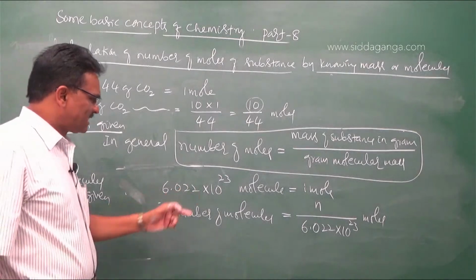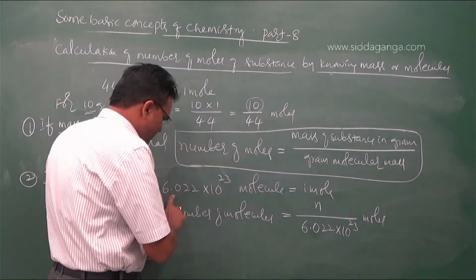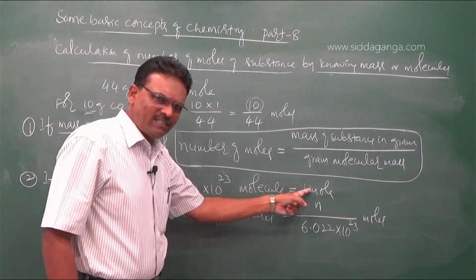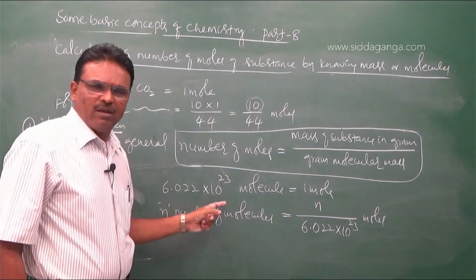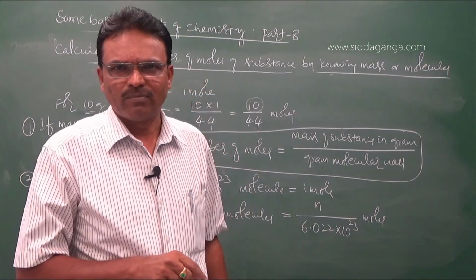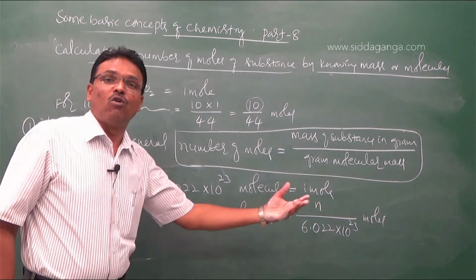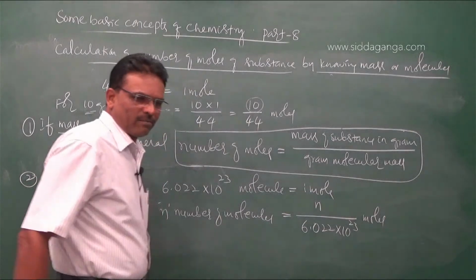Suppose if molecules are given, so we know that mole is the quantity which contains Avogadro number of molecules. Mole represents the amount which contains Avogadro number of molecules. Avogadro number of molecules is nothing but 1 mole. Hence, N number of molecules is equal to how many moles? N divided by Avogadro number.